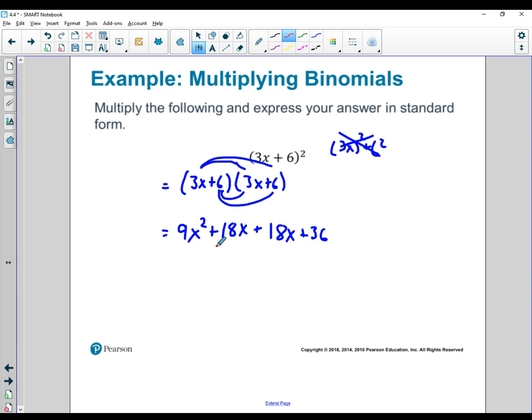And again, we have some like terms. So we're going to have 9x squared, and then we have 18x plus 18x, which is going to be 36x plus 36.